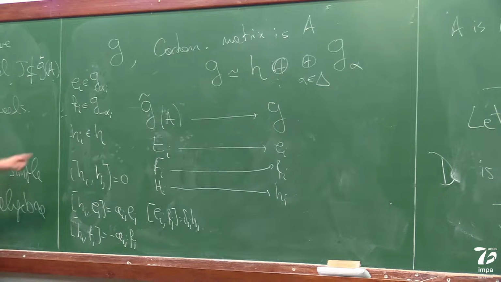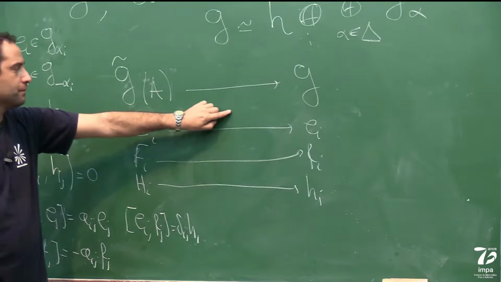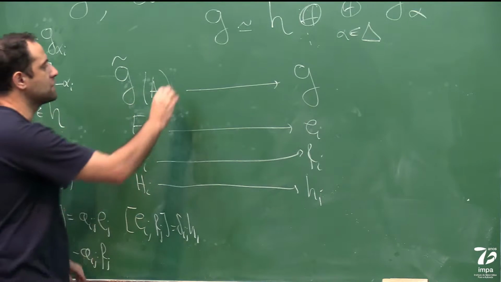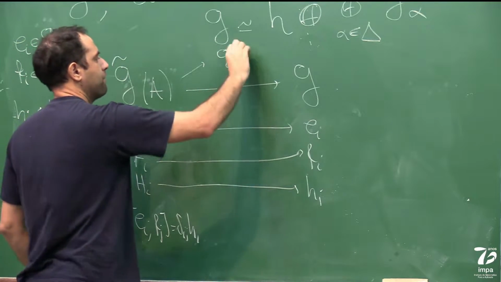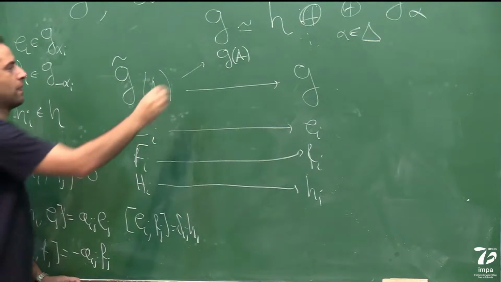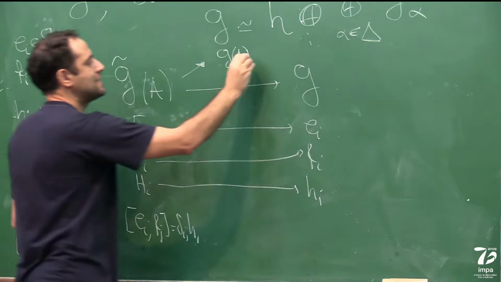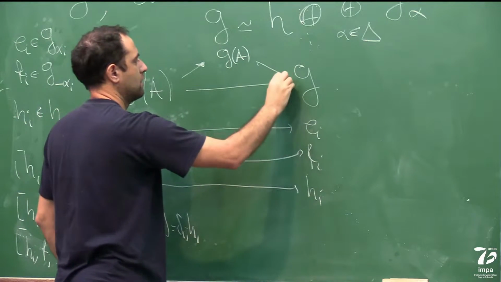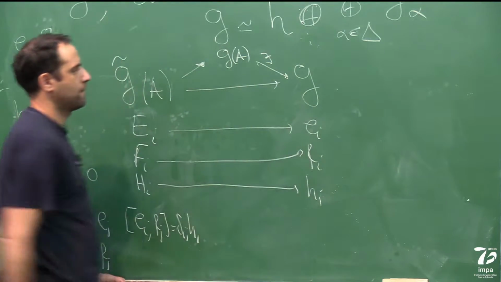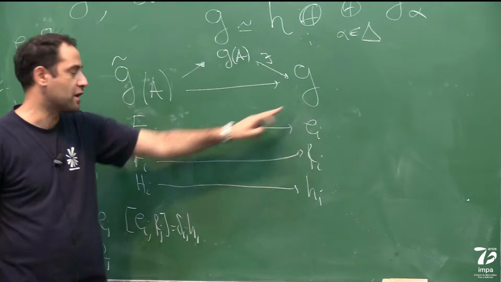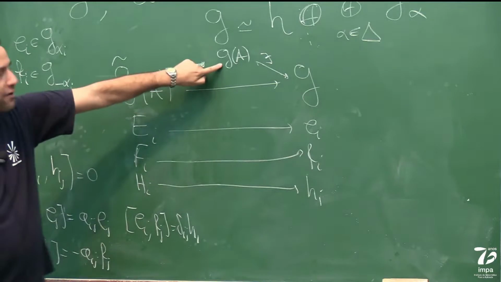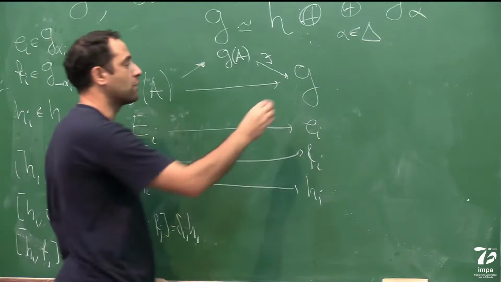So you have a morphism like this, and this guy has a simple quotient with this g of A. So this guy exists. And you have this morphism of Lie algebras here, which cannot be 0 because the E_i, the F_i, and the H_i generate this guy. So this guy has to be an isomorphism.